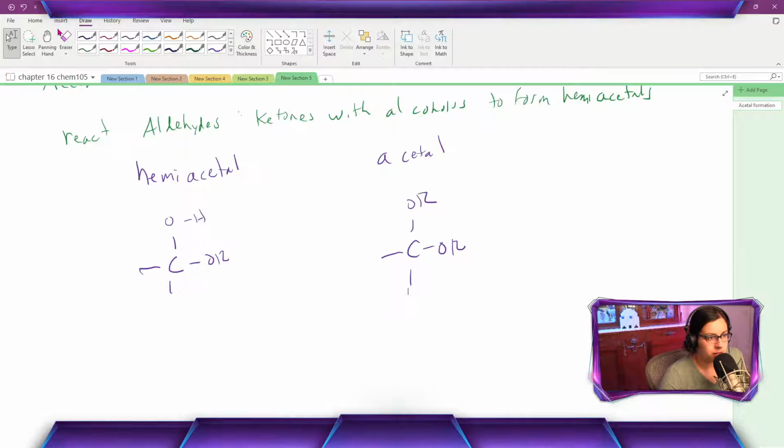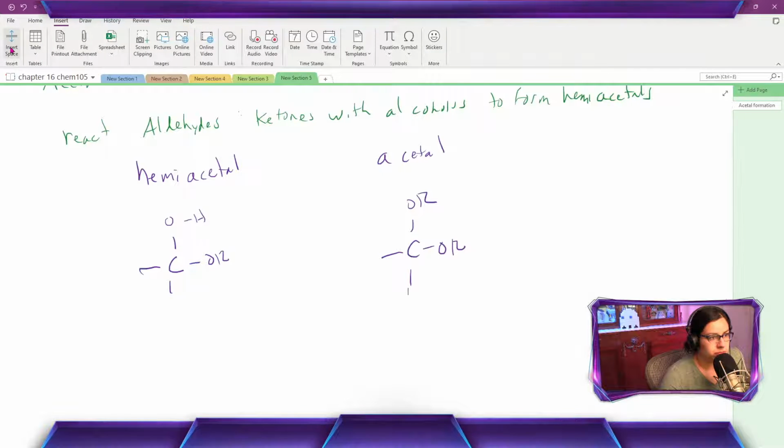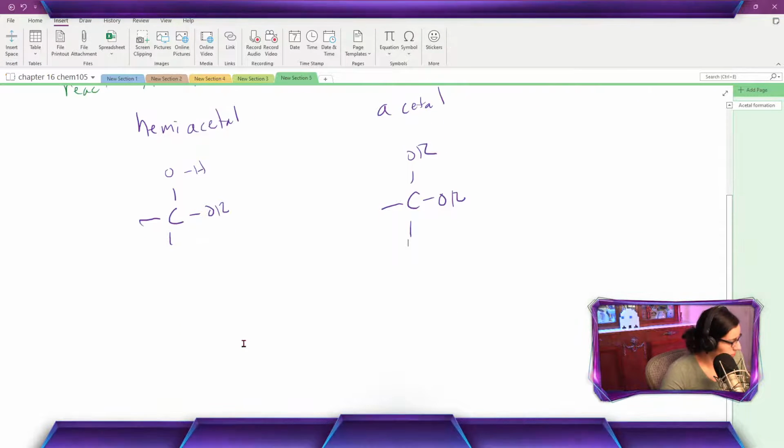So now looking at this, we can start with ethanol as our alcohol component. So starting with our carbonyl, propanone here.